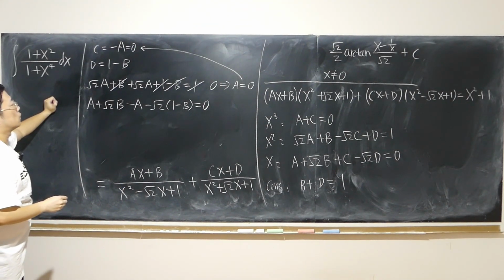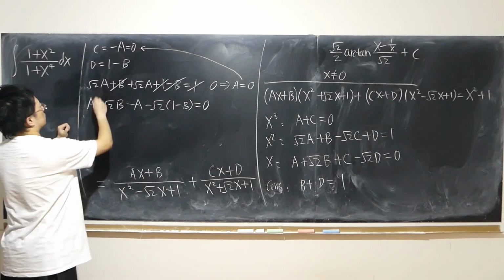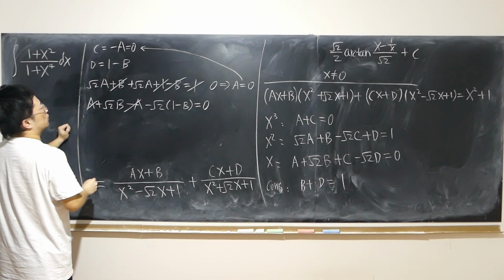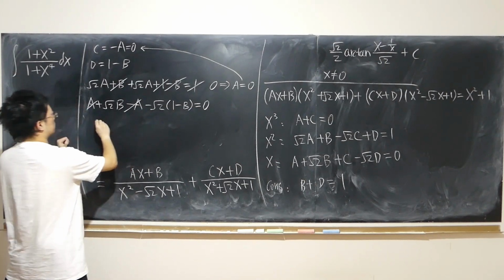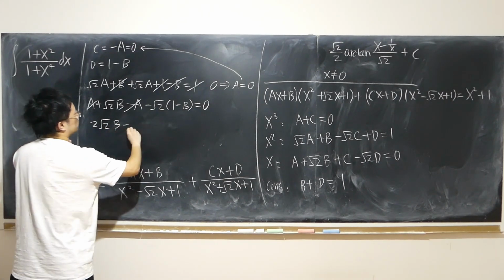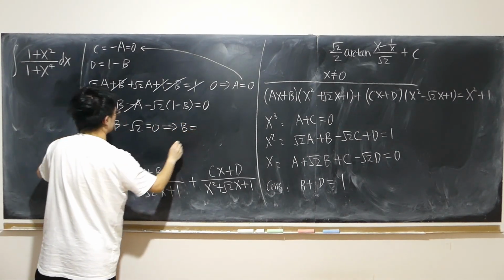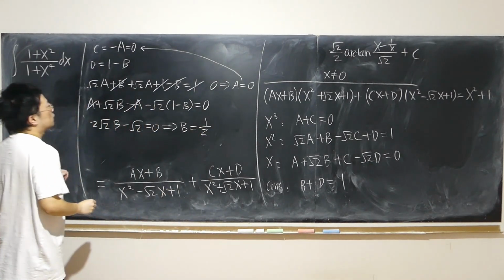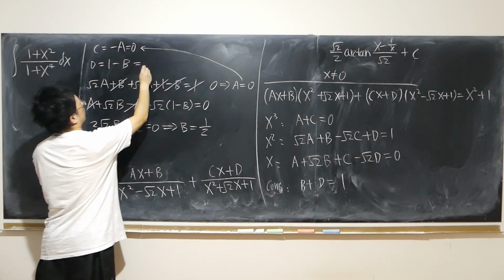So here a is 0, and twice square root of 2 b minus square root of 2 equals 0. So b has to equal half, and which means d is equal to half also.